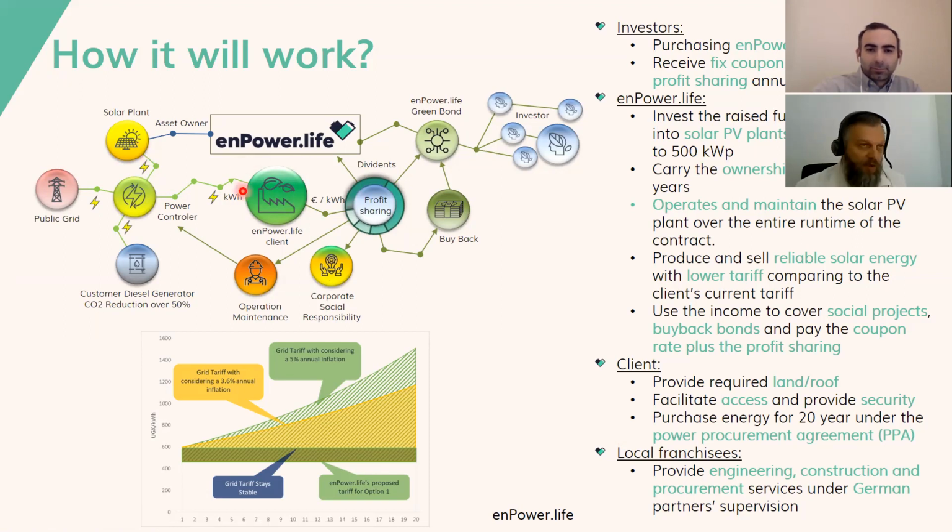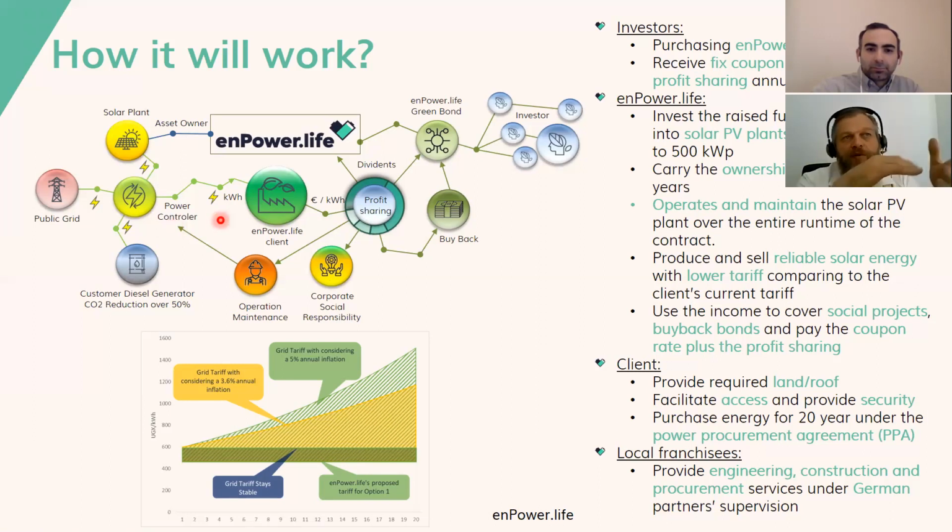Then we are selling the energy to the clients, and the clients pay us per kilowatt hour. So we really have to take care that we are selling enough energy at a certain price, so that we have enough profit and can share the profit.